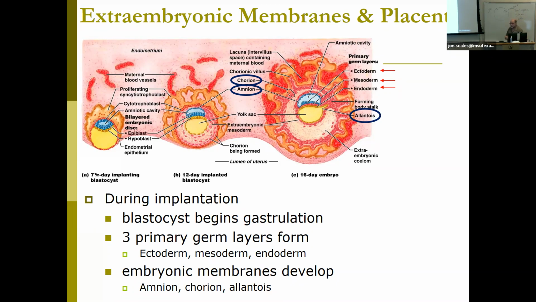The placenta tissue itself basically expands to take over the entire inner surface of the uterine wall.